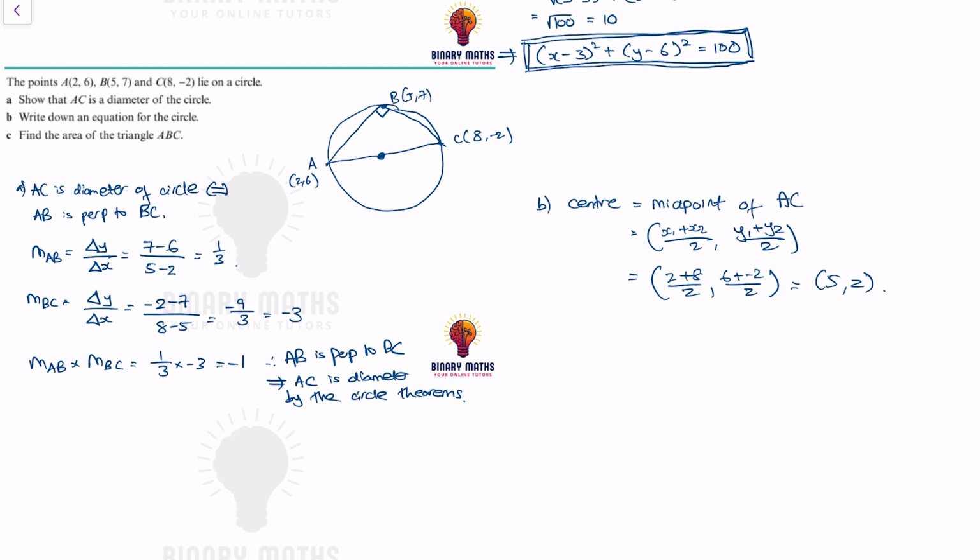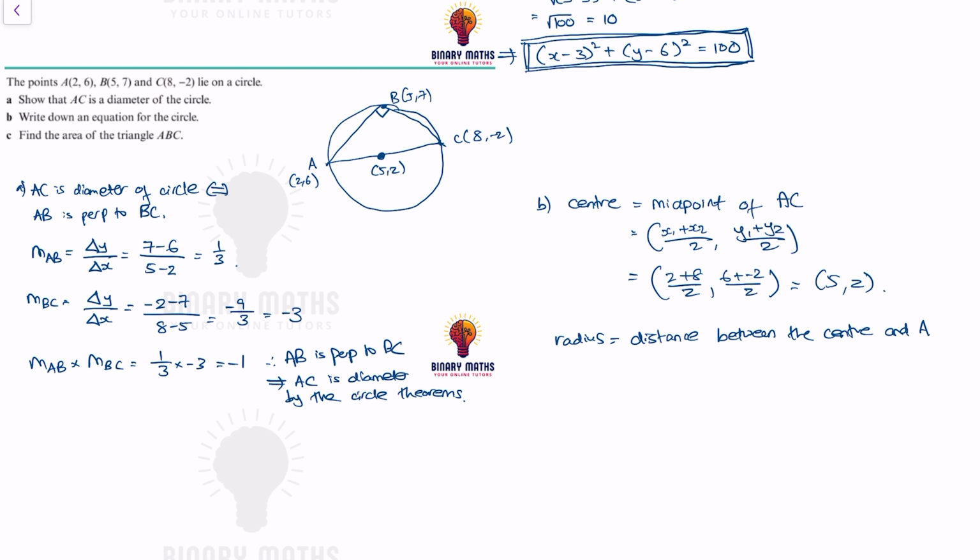Now I need to find the radius. So this center is 5, 2. If I want to work out the radius, it is the distance between the center and any other point. So center and A, let's say.